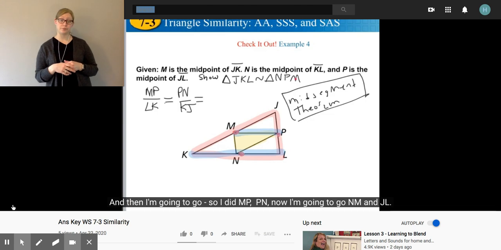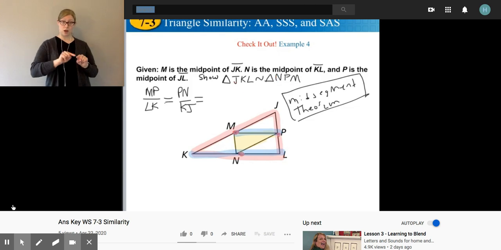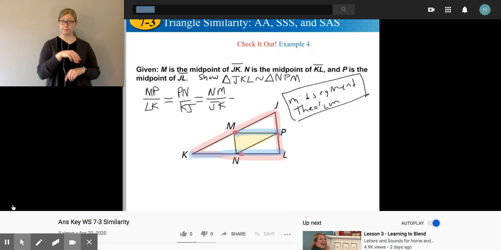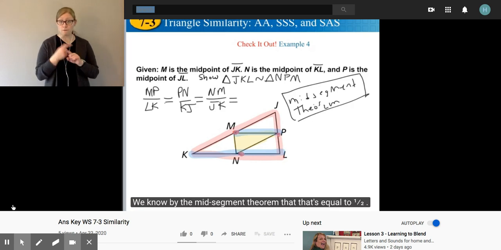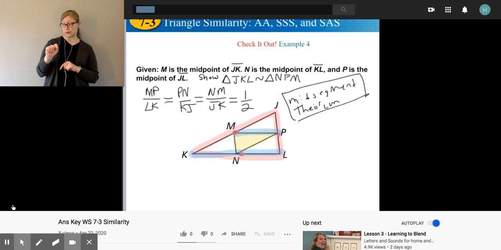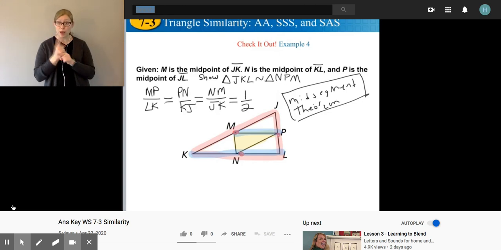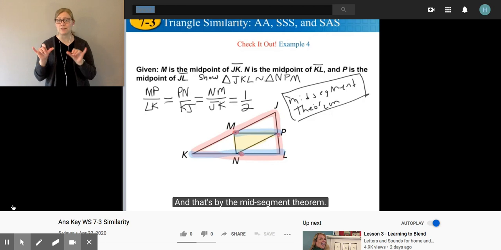And then I did MP, PN, now NM and JL. We know by the mid-segment theorem that's equal to 1/2. The smaller lengths are half the larger. And that's by the mid-segment theorem.